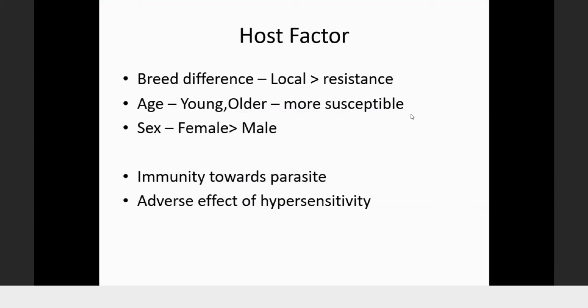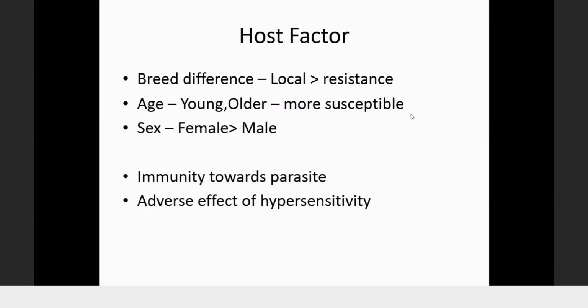Okay, host factor. Breed difference: local breeds are more resistant towards the infestation compared to the imported breeds. And then the age, young and older are more susceptible. And then for sex, females are more susceptible than the males.